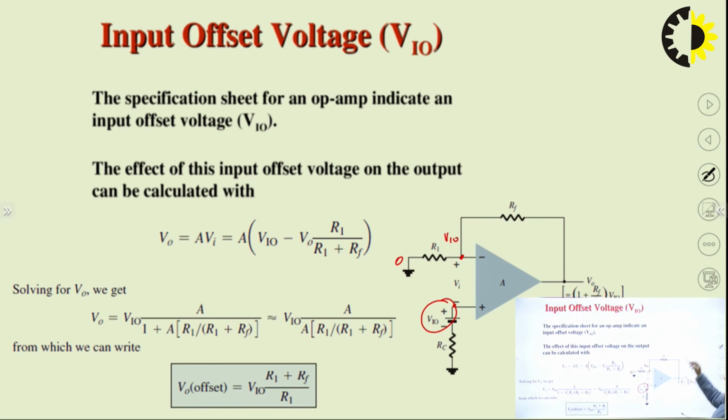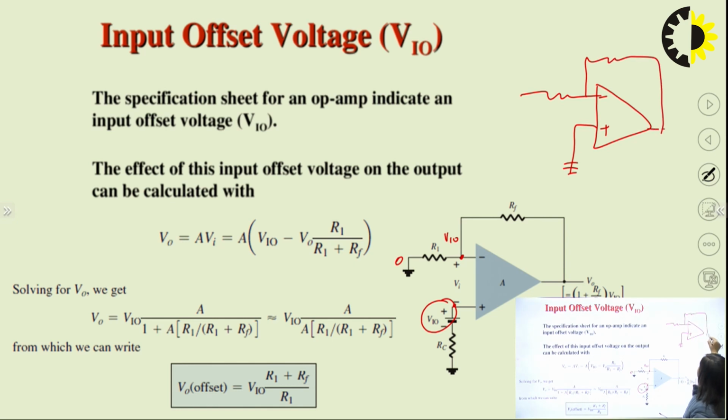Virtual ground means, like in case of the op-amp, this is the op-amp, minus and plus, we have grounded the positive terminal, and here there is a resistance. In case of the op-amp, the gain is infinite. Gain is infinite means A is infinite, meaning Vout upon Vd, where Vd is the input voltage that we are giving, should be 0.